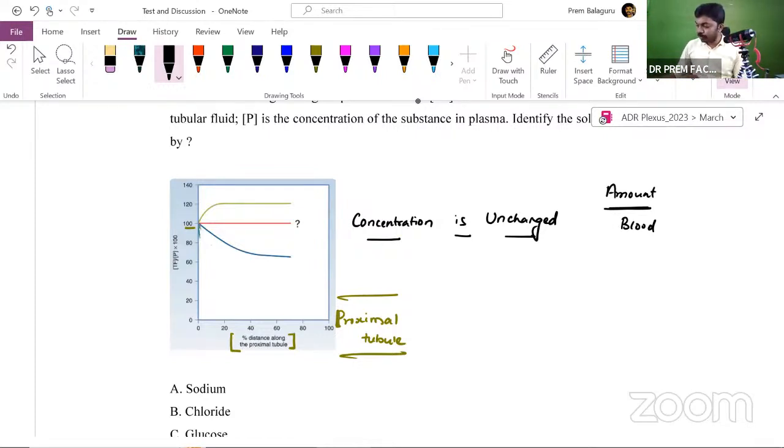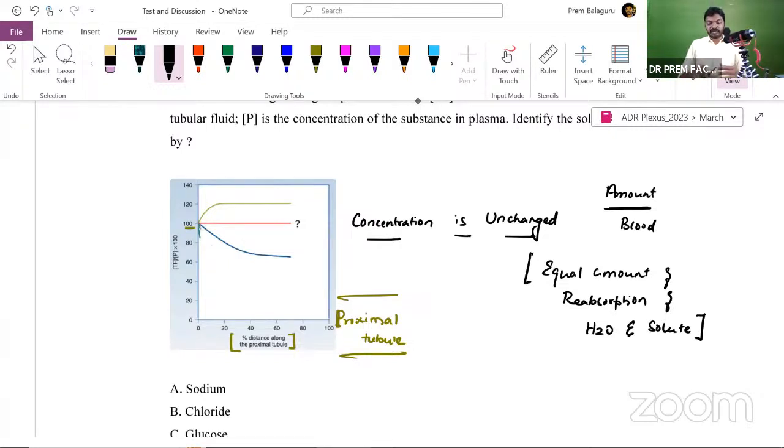So if there is an equal amount of reabsorption of water and solutes, if water as well as the solutes are equally getting reabsorbed, there is no difference. If there is 60% of water reabsorption, 60% of that particular solute is also getting reabsorbed.